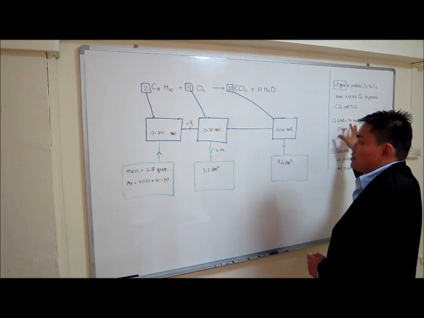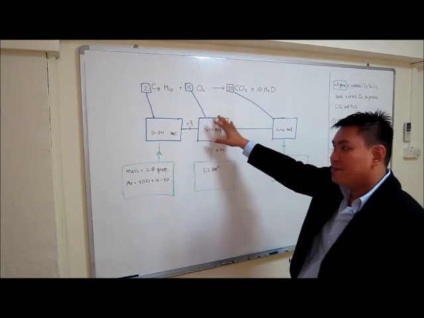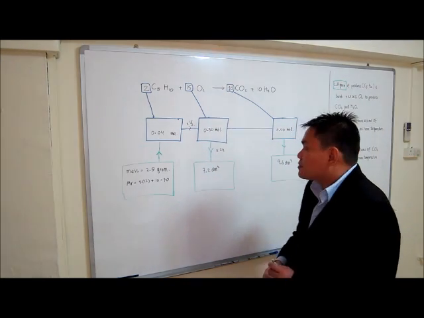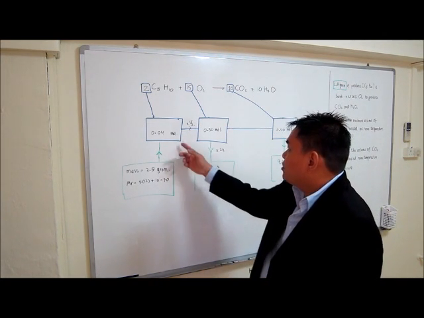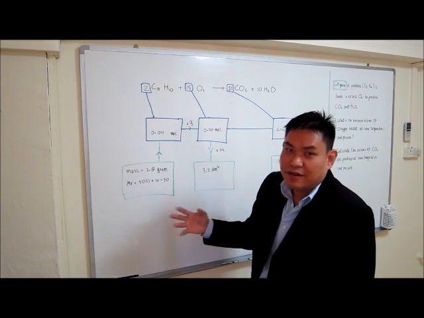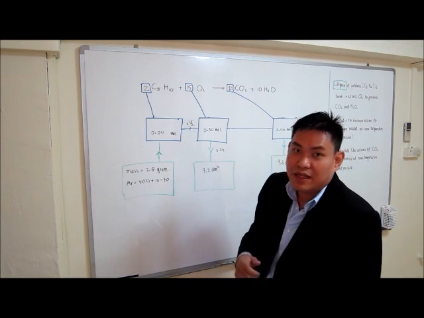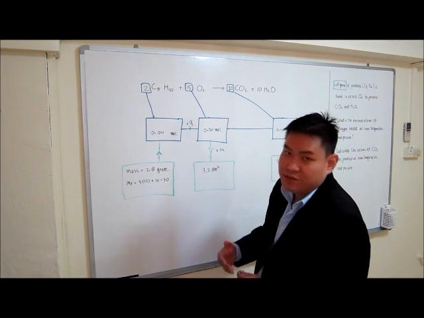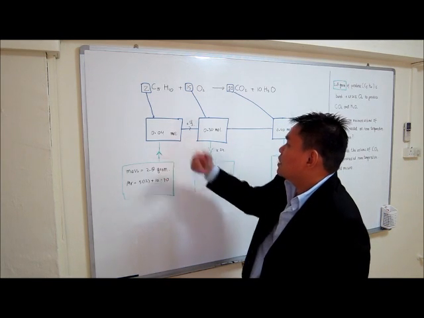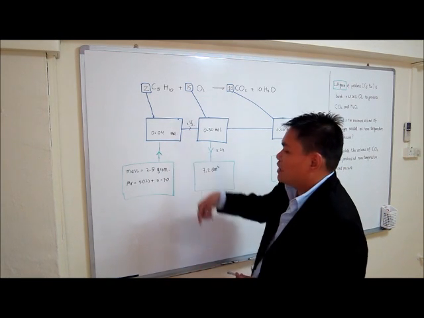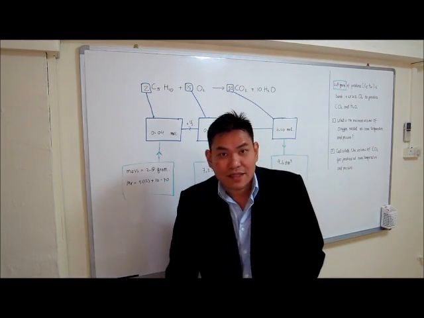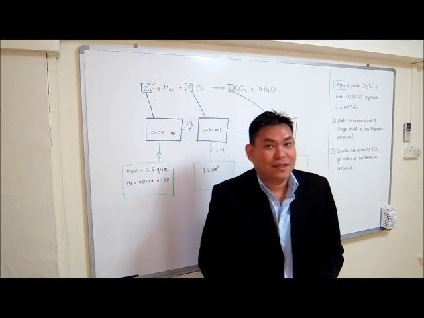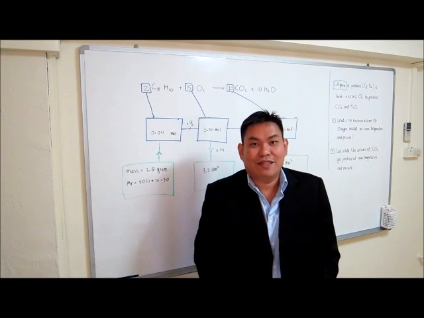If the question asks for a certain substance, then you must prepare the other boxes also. And for every blue box, you need 1 green box for other units. Then you must use formula, either formula number 1, 2, 3, or 4 to calculate the mole, and vice versa. So that's how we can answer this type of mole calculation question.